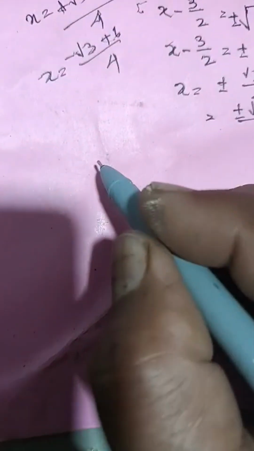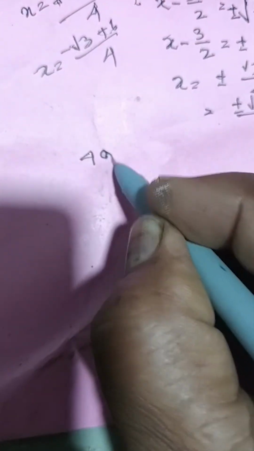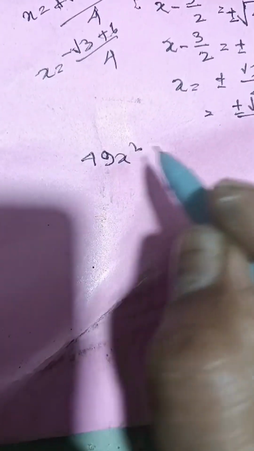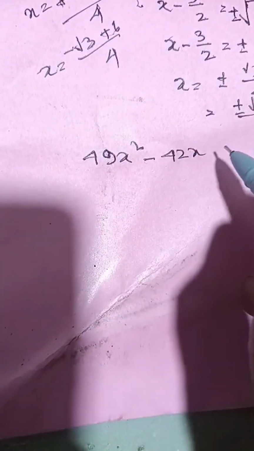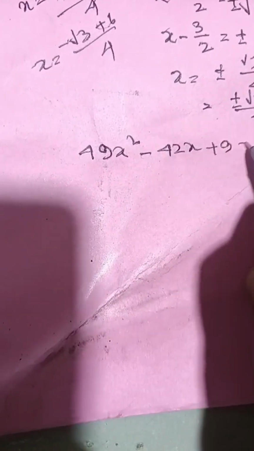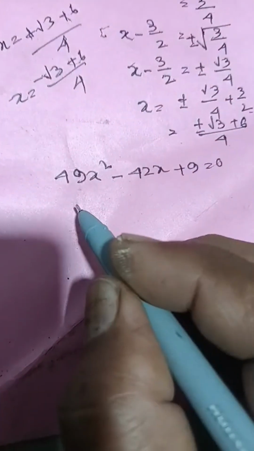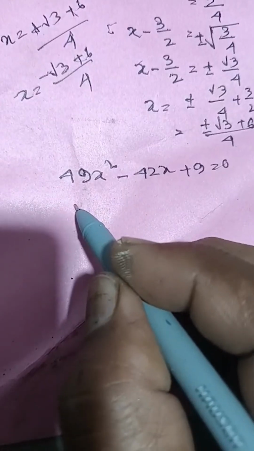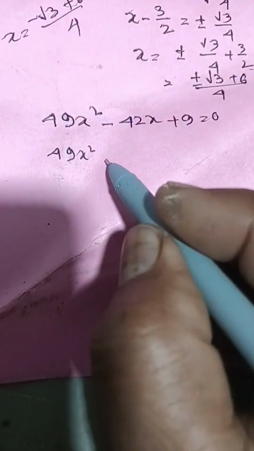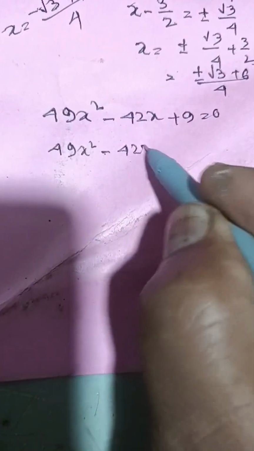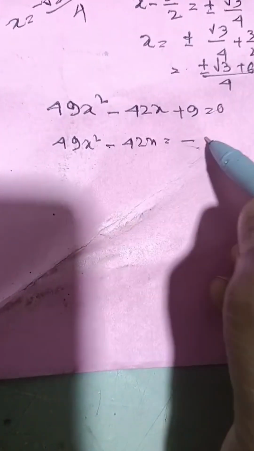Now you try another one. You see the question is 49x square minus 42x plus 9 equal to 0. So this is another question. We can write it as 49x square minus 42x equal to minus 9.